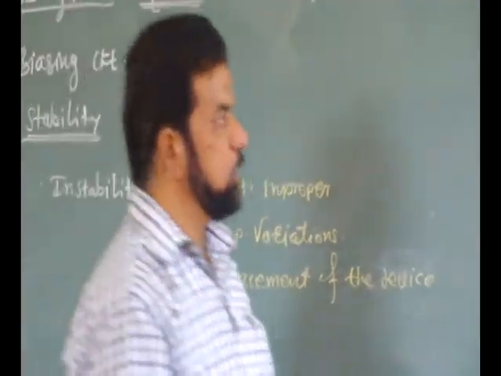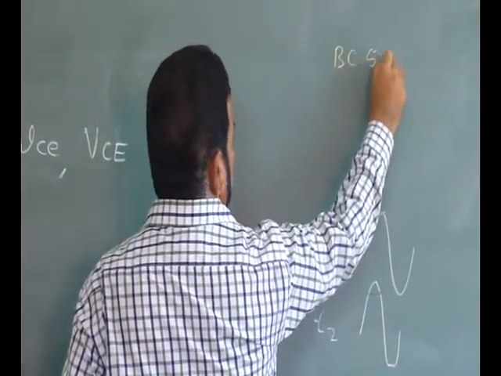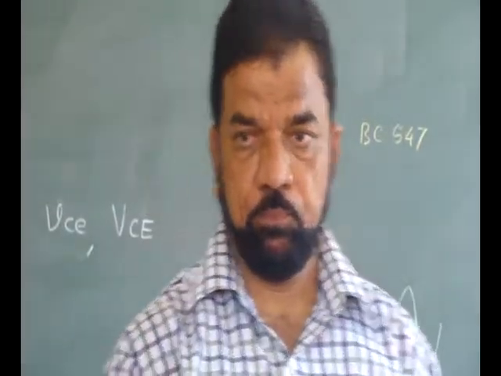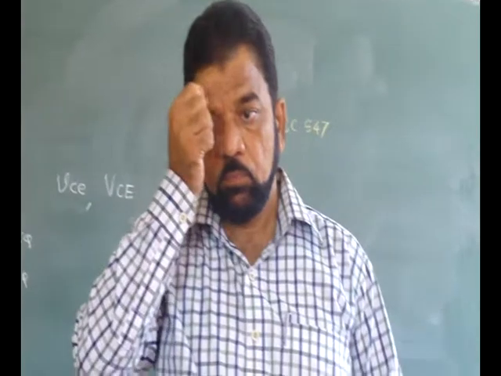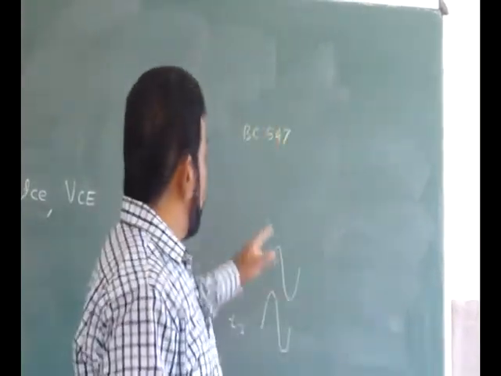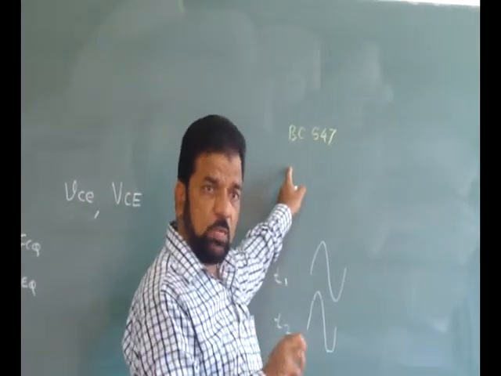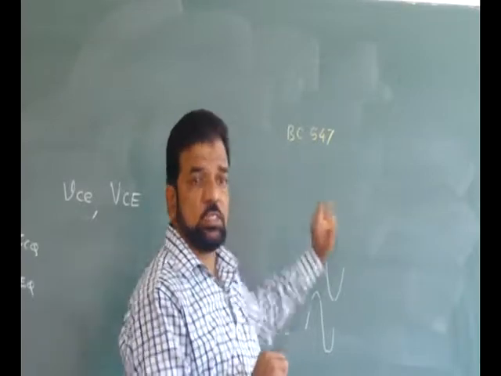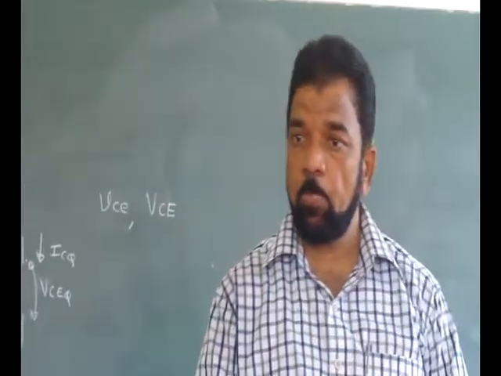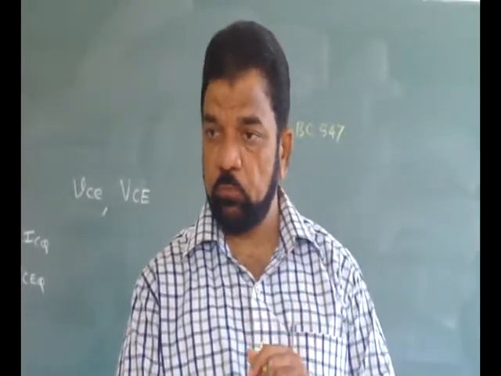Suppose you have started your design with, say, transistor BC547, which is equivalent to 147. I have started the design with, say, 547. During the designing process, if this transistor gets damaged, I have calculated all the component values based on the specifications of BC547.